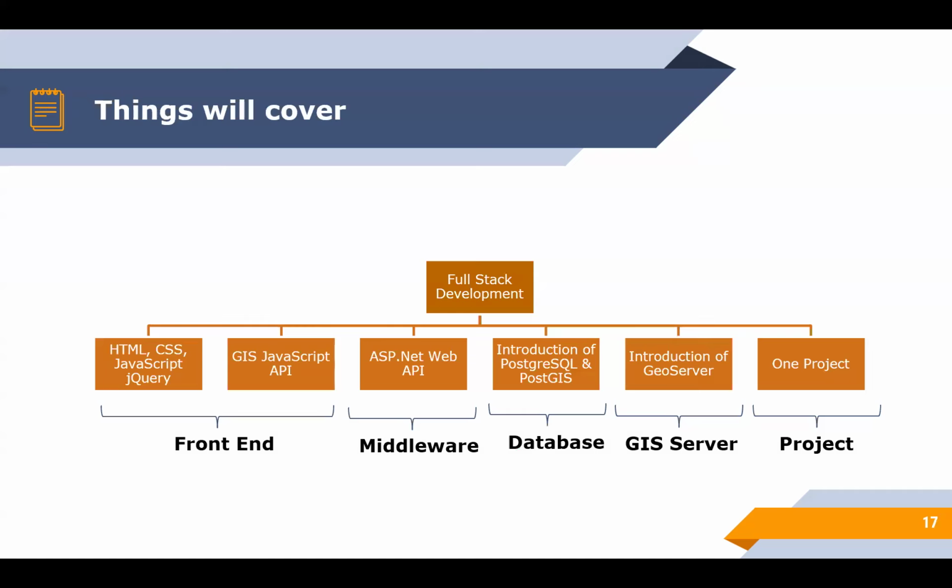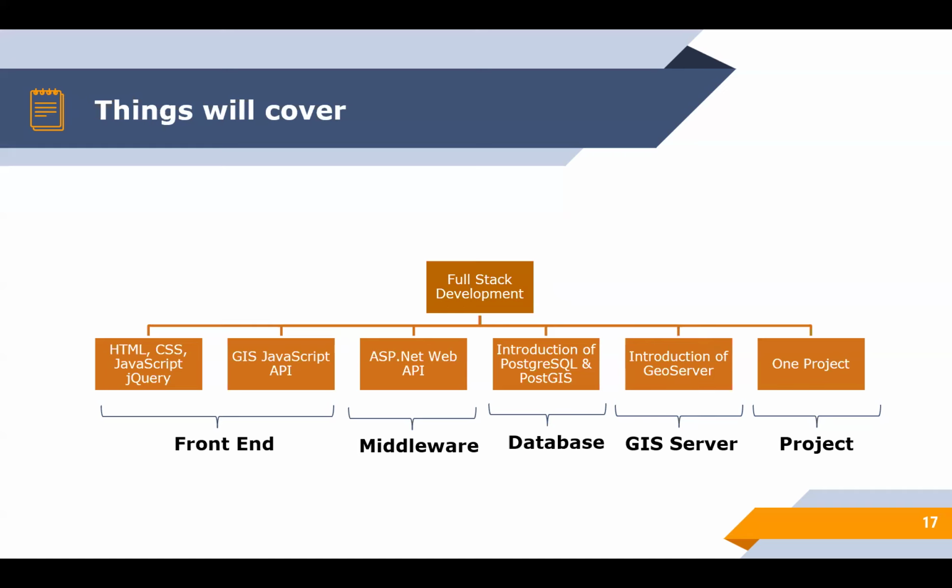So, full stack development. As I already explained, for the front end we are going to use HTML, JavaScript, CSS, and jQuery. Along with that, we are going to use a GIS JavaScript framework to display the map and for map related operations. Middleware, here I have written ASP.NET Web API because this slide is basically an old one.